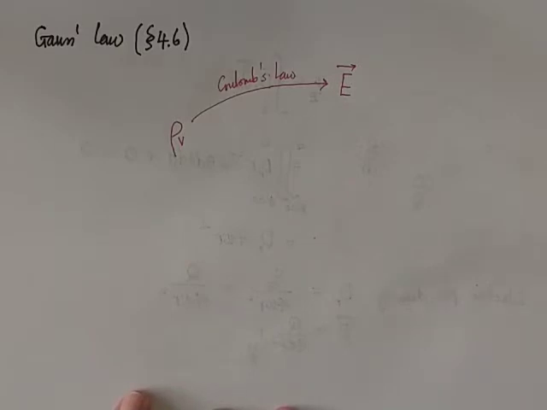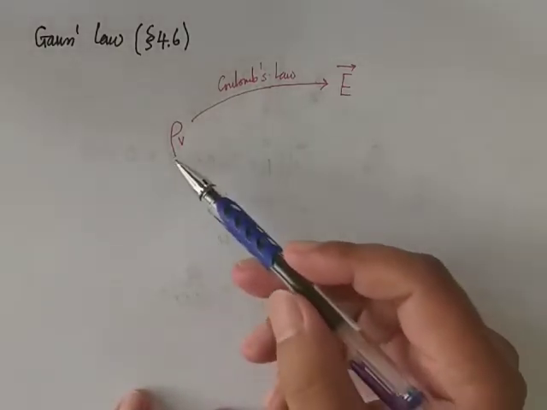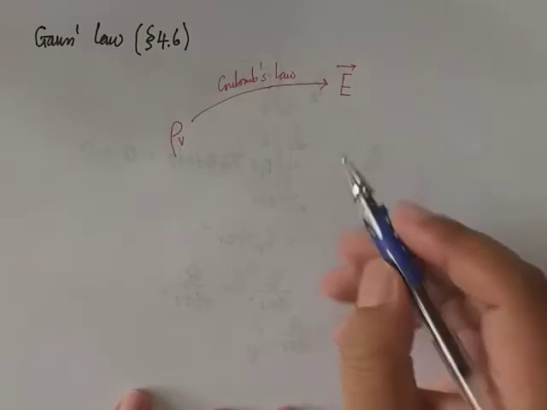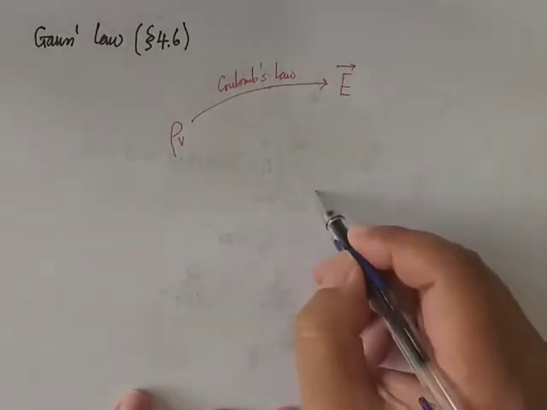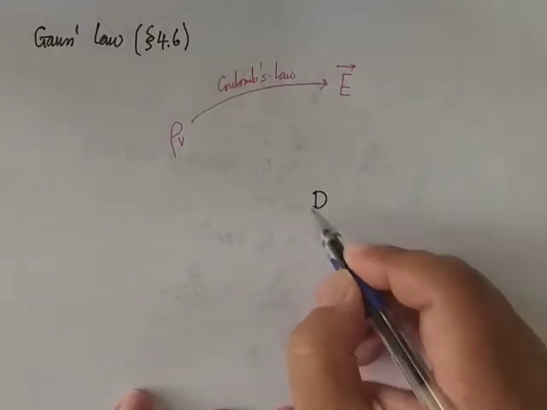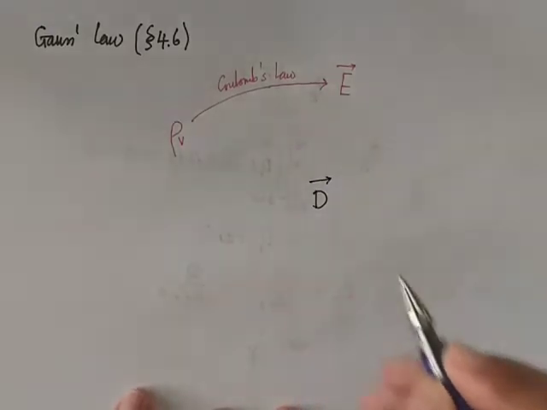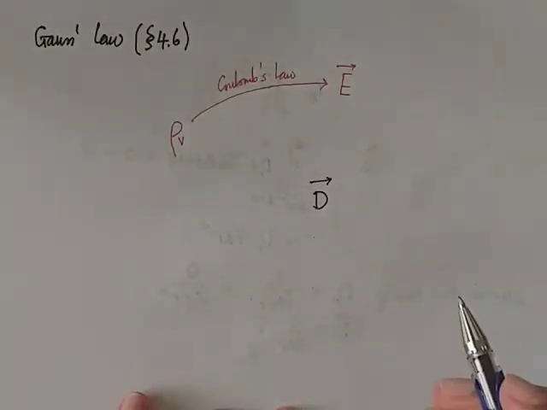Okay, and also we learned just now that a stationary charge can produce another field, which is known as D. And D here we call the electric flux density.